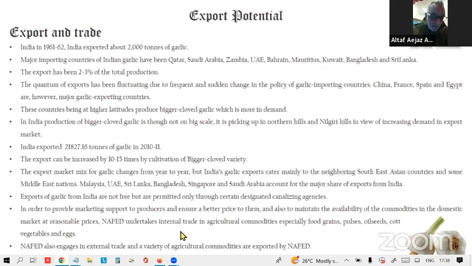For that matter, different agencies are being channelized to maximize the exports of our garlic, provided the traditionally used varieties across India are replaced by high yielding varieties.